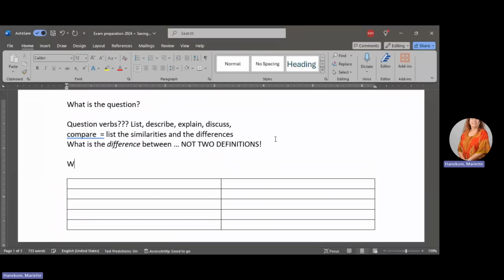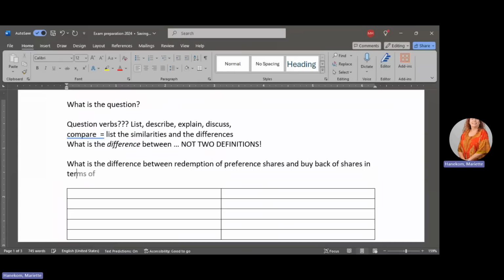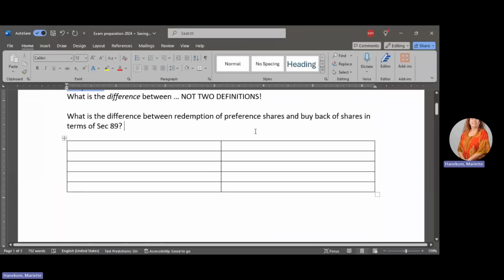Let's say the question is, what is the difference between redemption of preference shares and buyback of shares in terms of section, what is it, section 89. I think it's 89, could be 98. If I'm wrong there, just forgive me. So what is the difference between these two concepts?